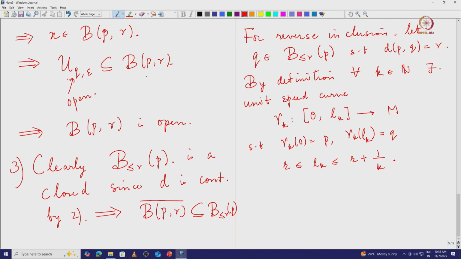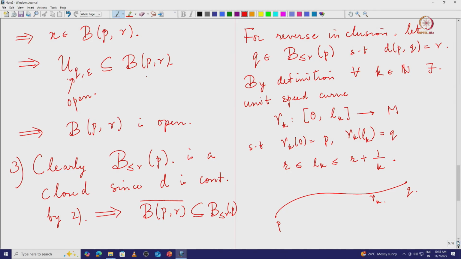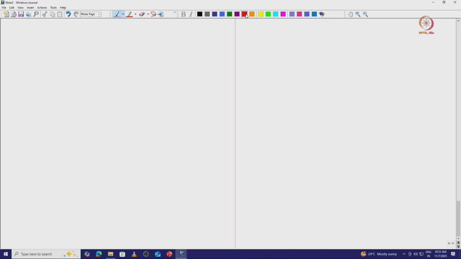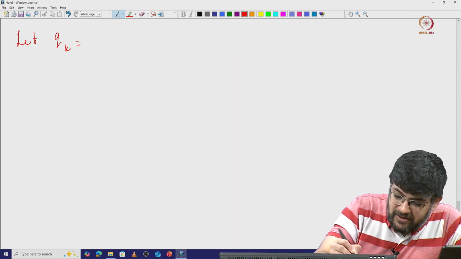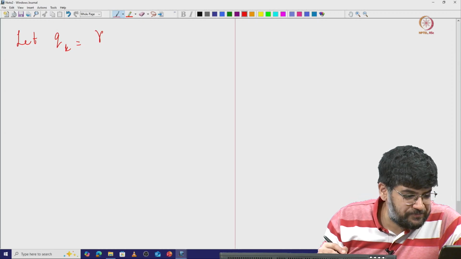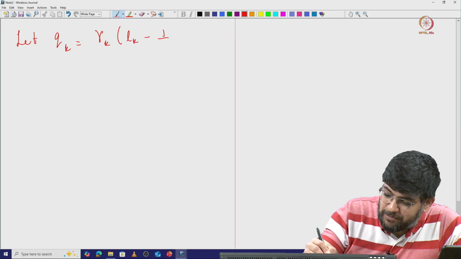So the point is I have one of these gamma k's. Let me, on the picture, take a point here which is very close to q. Let qk be equal to gamma k of Lk minus 1 by k.